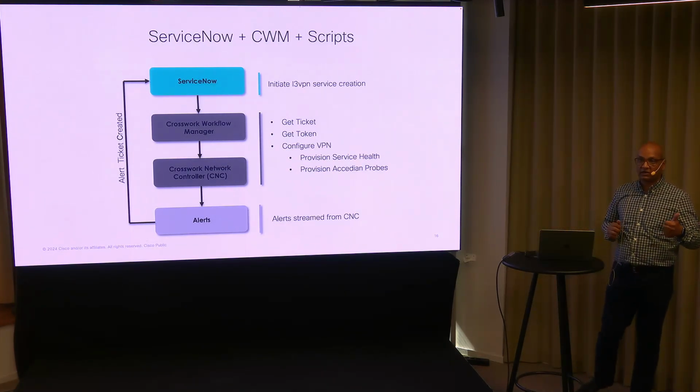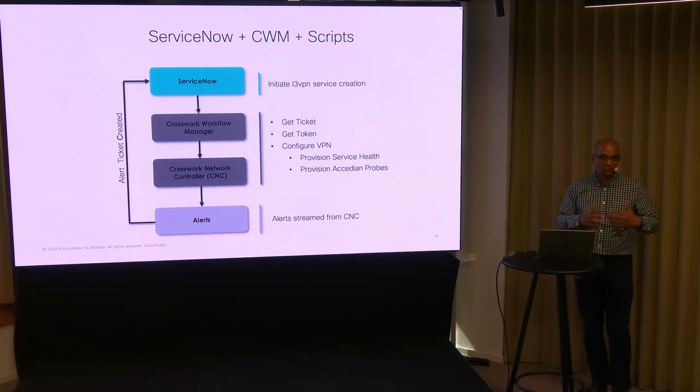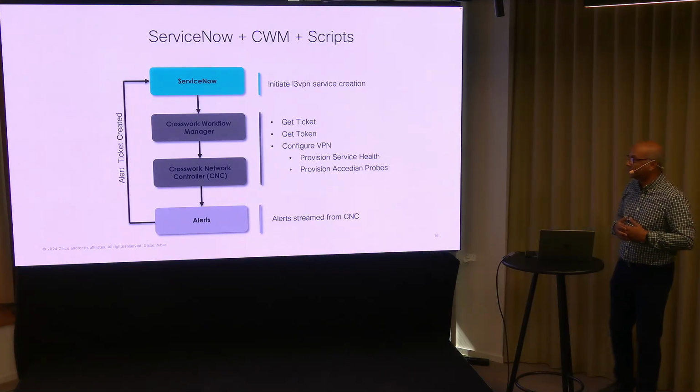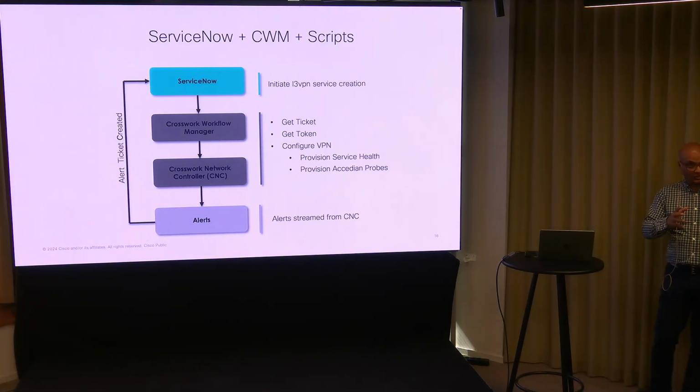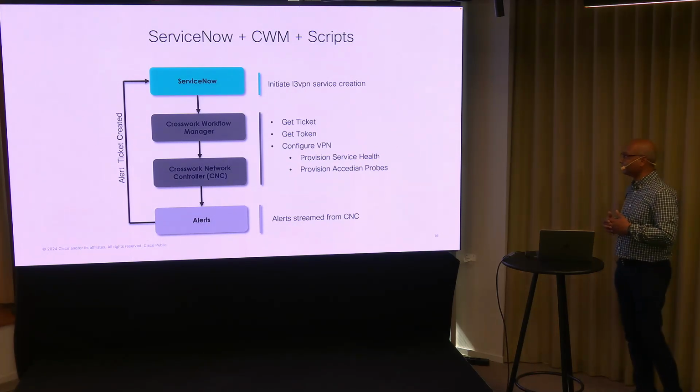The topology variations are mesh, where you have a VPN that is a complete mesh, or it can be point-to-point. So you customize it, or it can be hub and spoke, where you specify the hub and then the spokes for that. And all this can be done as part of provisioning or management of that service itself.